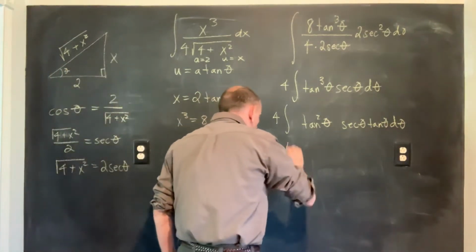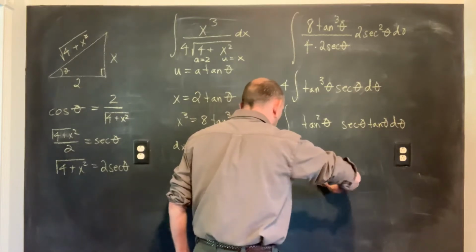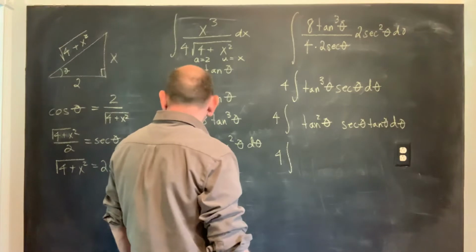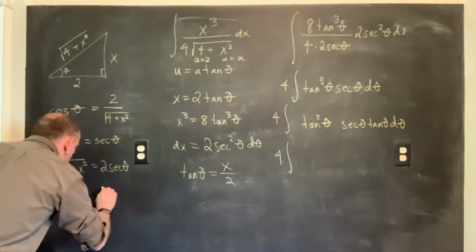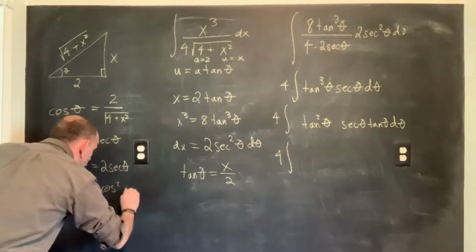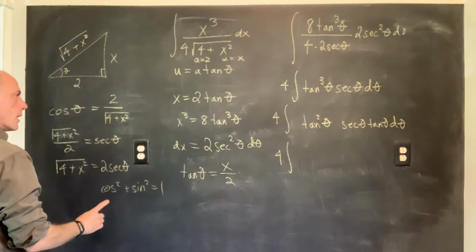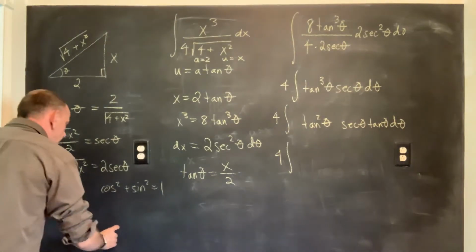So 4 integral, okay, we've got to remember, I think it's secant squared minus 1. I always have to rederive those. Let's see, cosine squared plus sine squared equals 1. I'm looking for the tangent one, so I want to divide by cosine squared.